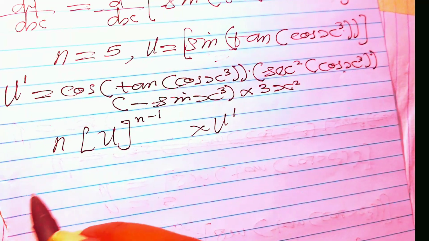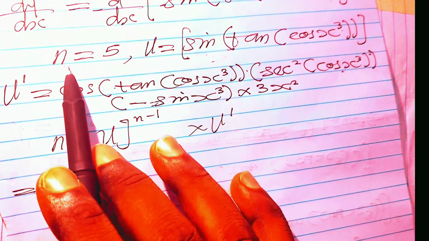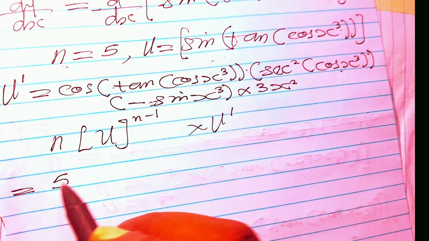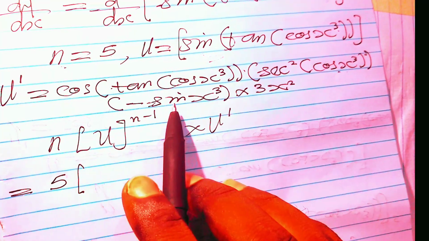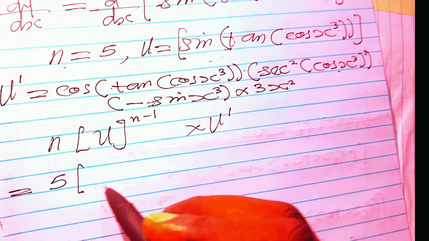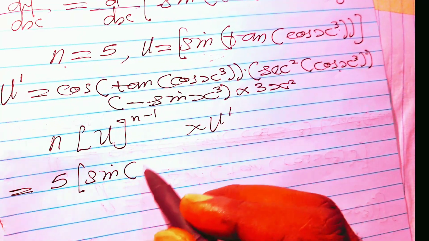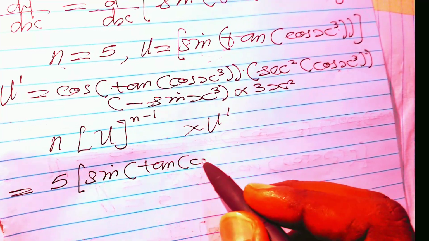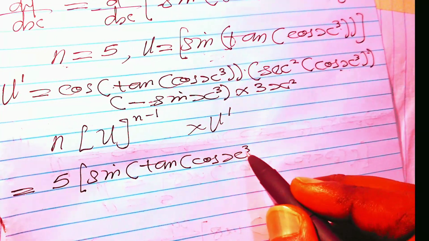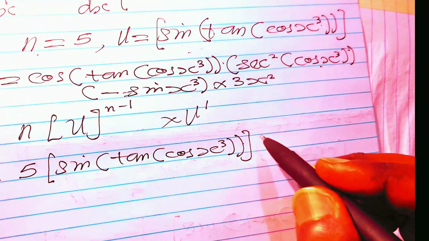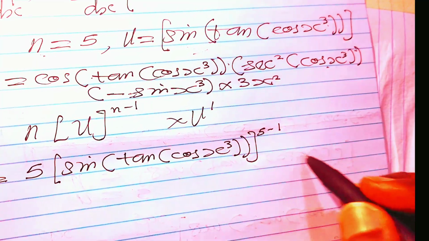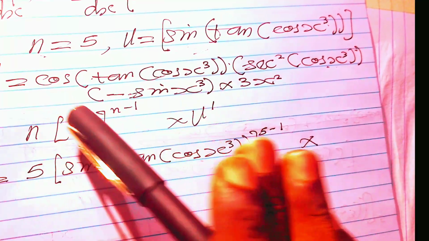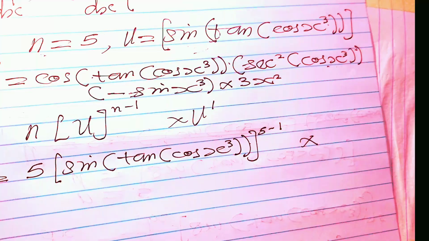In this case, n is 5, so it has to be 5 in a bracket, the u itself, sine in a bracket tan in the bracket cos x cubed, raised to the power of 5 minus 1, then multiplied by everything we got for u prime.